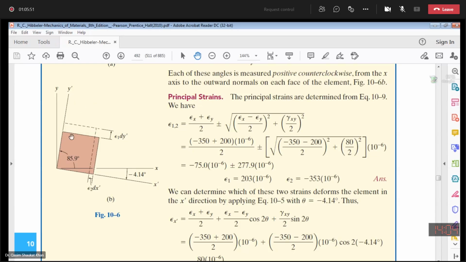They are showing the positive strain over this y dash axis, which is your theta p1 and this is your epsilon 1, and over this x dash axis, which is minus 4.1 degrees, which is negative, the strain is also negative. So you have to draw this figure as well. We have to present our results in the form of the figure as well.